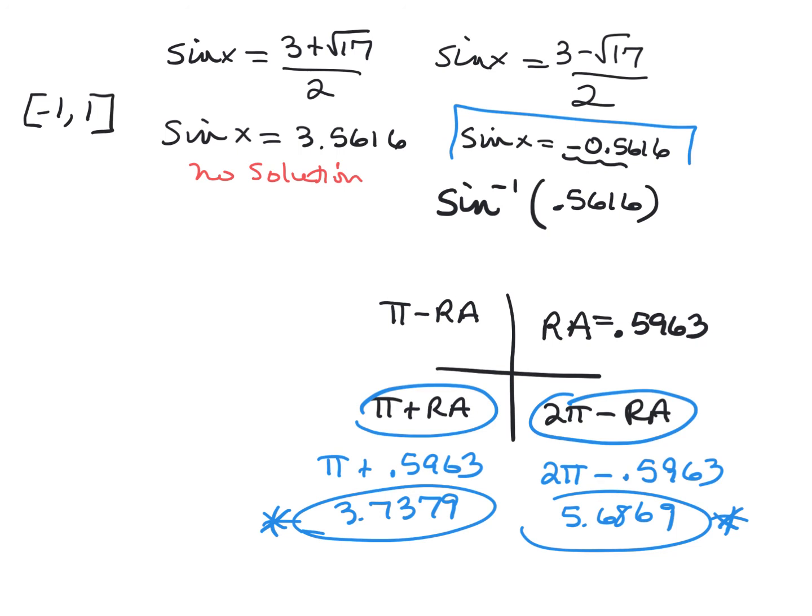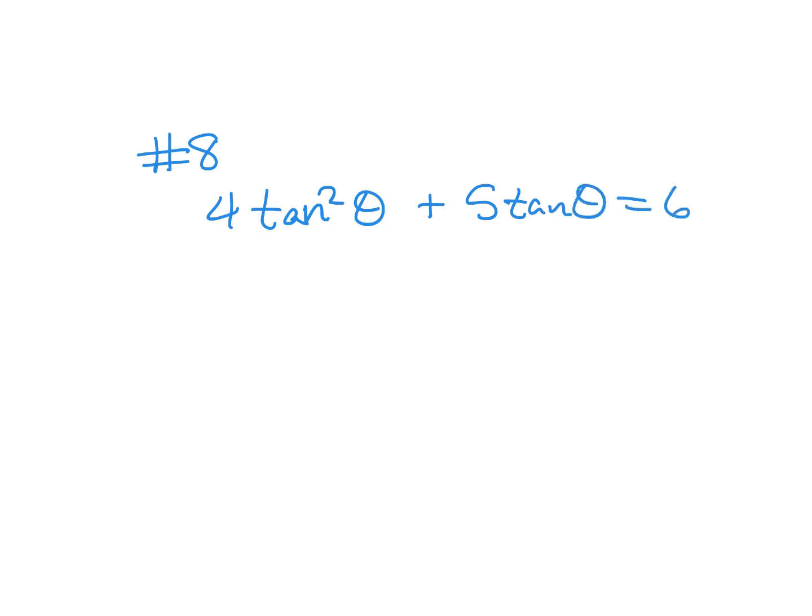I'm going to add one problem from the homework where you need to use your calculator as well. Let me go ahead and look to see what number that's going to be. So sometimes, even though you can factor it, it's not going to come from the unit circle, and you would use your calculator. So this is number 8 from the homework. We have 4 tangent squared theta plus 5 tangent theta equals 6.